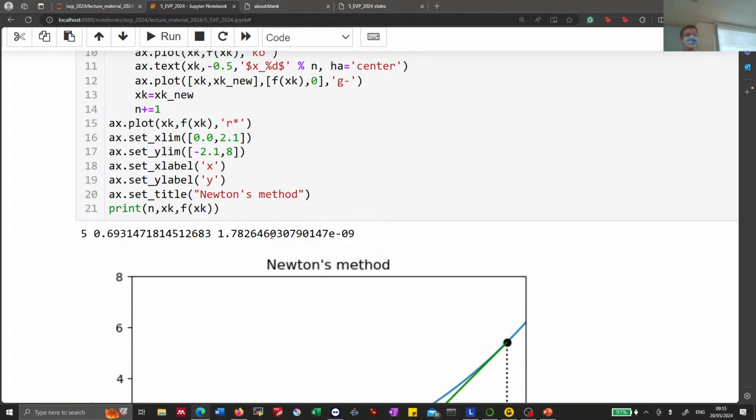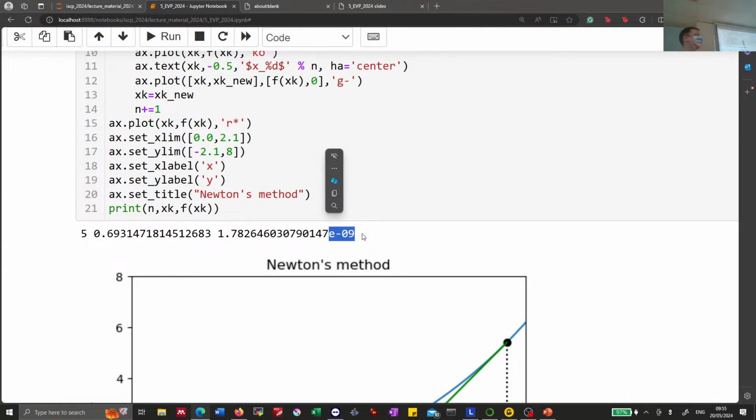Now we have, how big is 10 to the power of minus 9? Well, 10 to the power of minus 6 is 1 over 1,000,000, right? So 10 to the power of minus 9 is 1,000 times smaller than that.